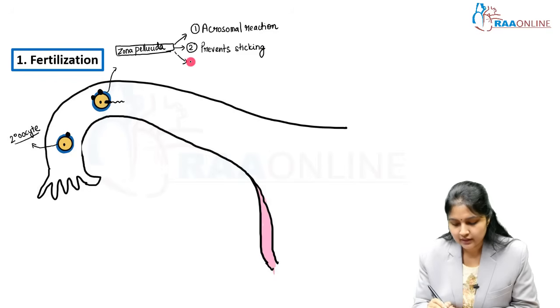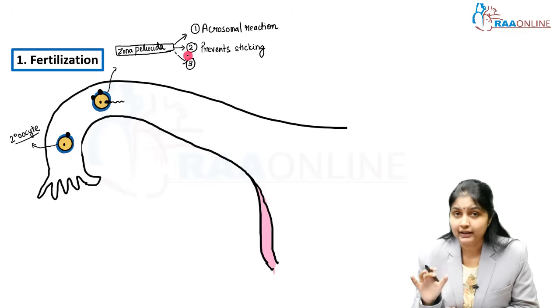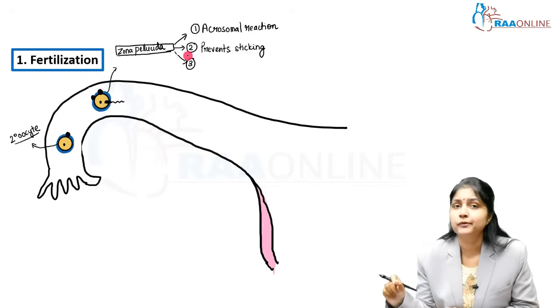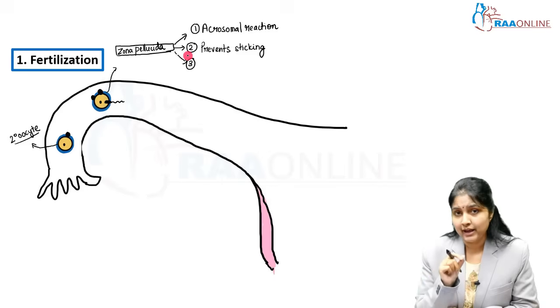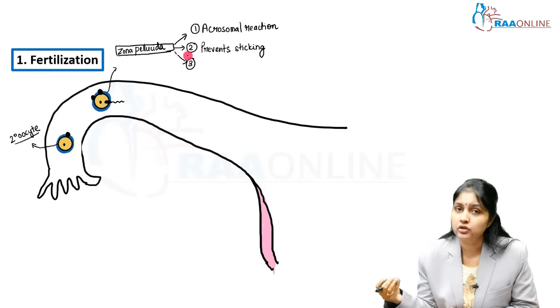Third is that the zona pellucida does not have any major histocompatibility antigens which are responsible for rejection of any foreign bodies. Now this embryo is formed by the fusion of maternal and paternal cells. The paternal cells are going to be completely new to the mother, which means that these embryonic cells are also partly foreign to the mother.